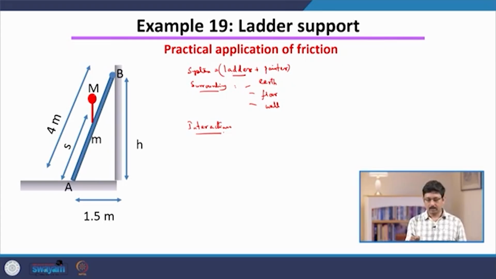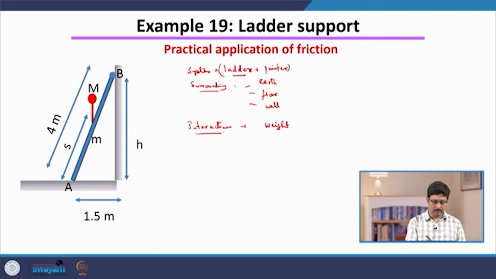So, the interactions on this combined system include the weight, the force due to the earth. Now, where is this force acting? For simplicity we represent this person by a line to indicate the line of action of the force, passing through the center of mass of the person.